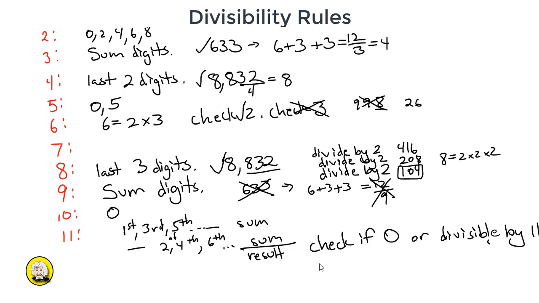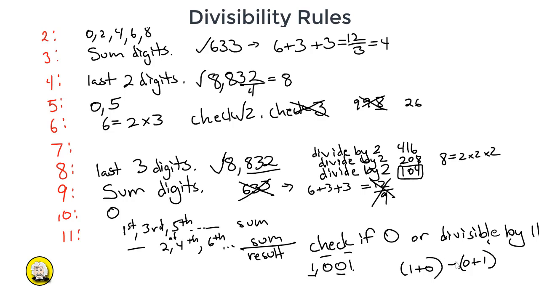So let's see an example. How about 1001? Well, first I want to take my odd digits, 1 plus 0, and sum up that sequence. And I'm going to subtract the alternating sequence of digits, which is minus, in this case, 0 and 1, my second and fourth digit.